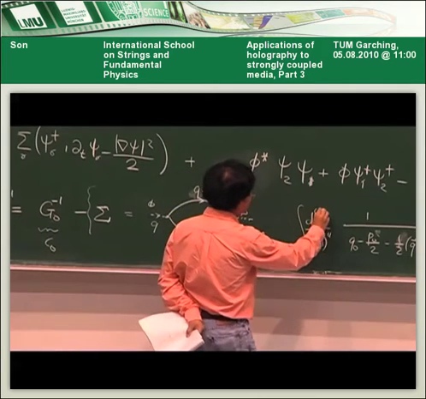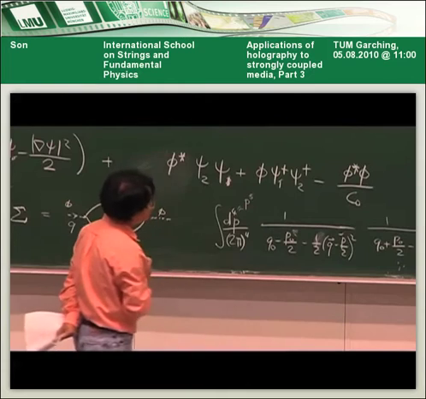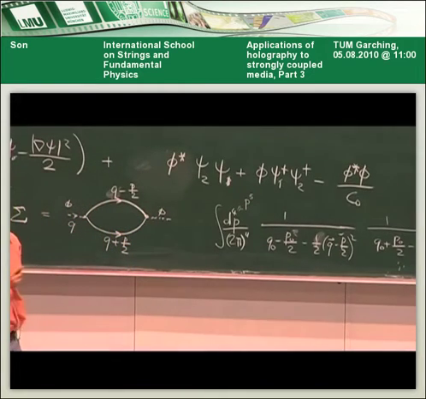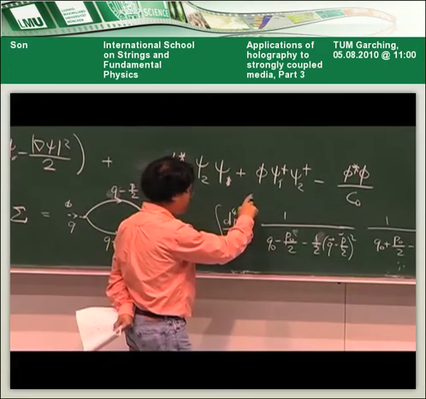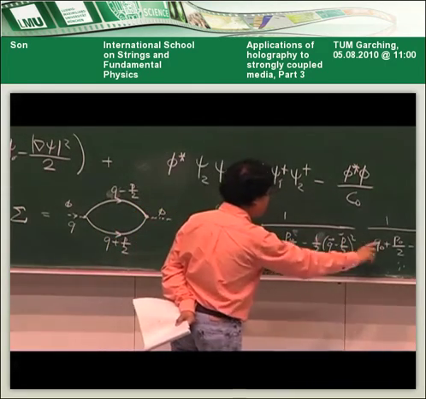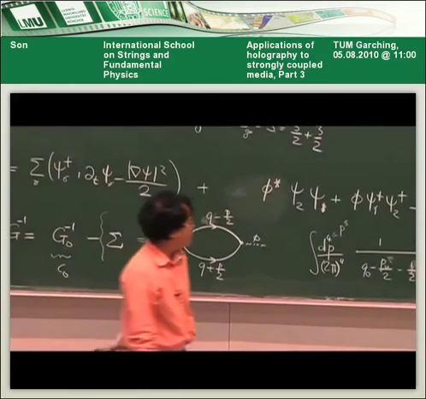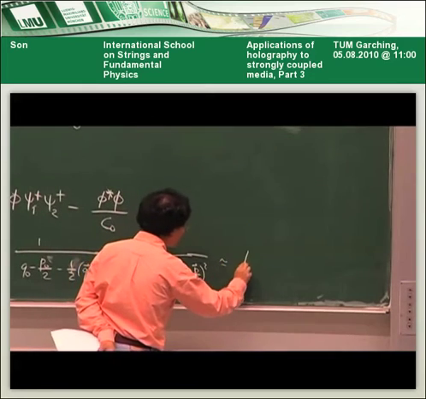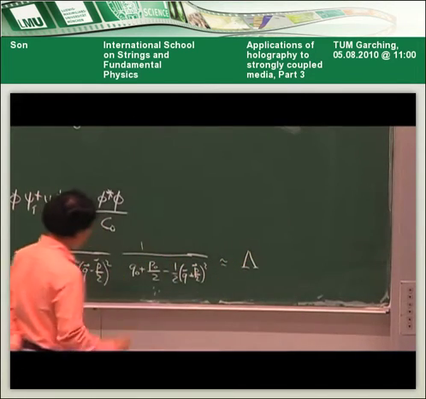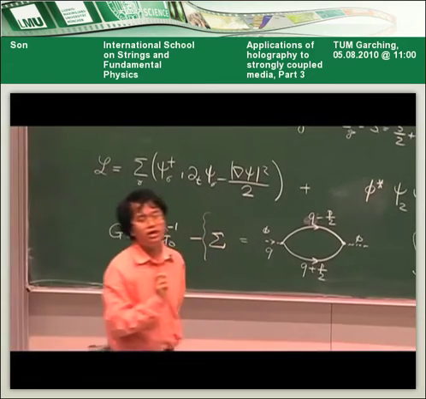So this one has the dimension of momentum to the 5th power, not p to the 4th. The measure of the integral is p to the 5, and here we have p to the 4th in the denominator. So if you compute the one loop graph, you will see that it is linearly divergent as a function of the cutoff.